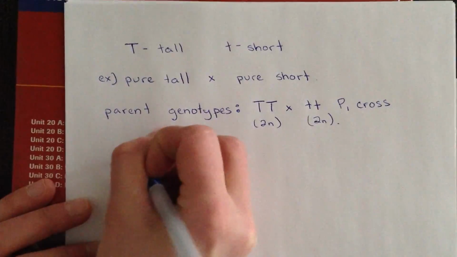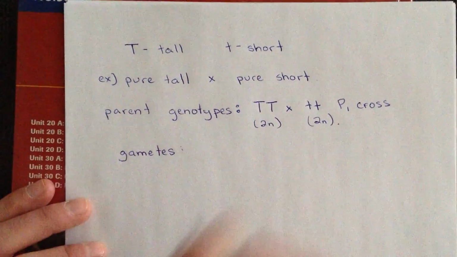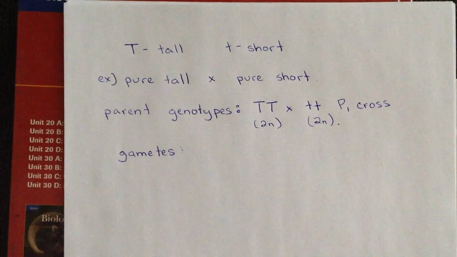So, one of the steps of drawing out these Punnett squares is understanding how these gametes are going to get produced.